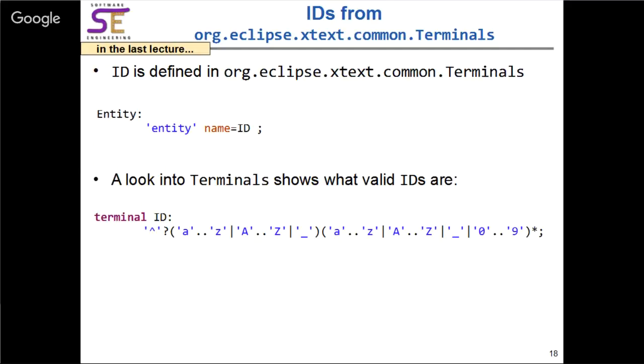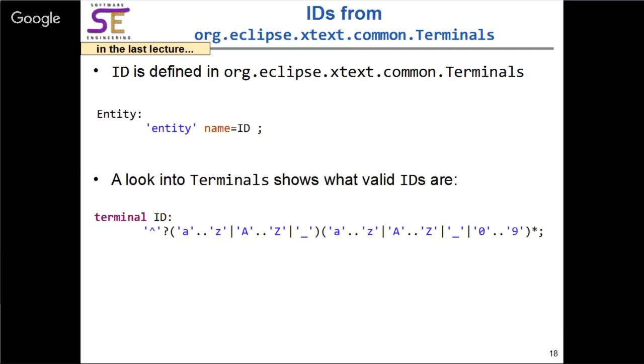Does anyone remember what we called it? Not really. Okay, so it starts with this leading caret kind of symbol. This is optional, so the question mark says this may or may not be there.